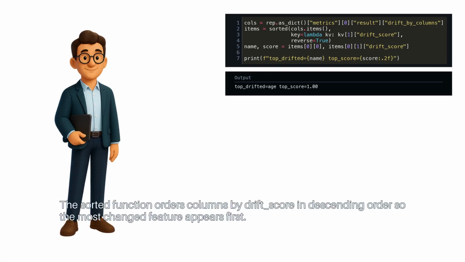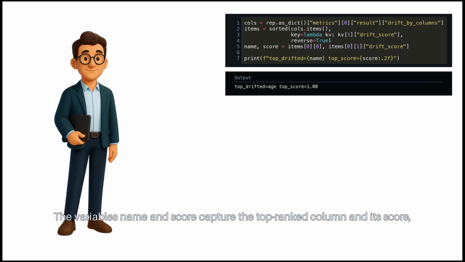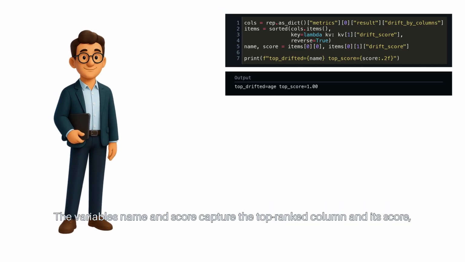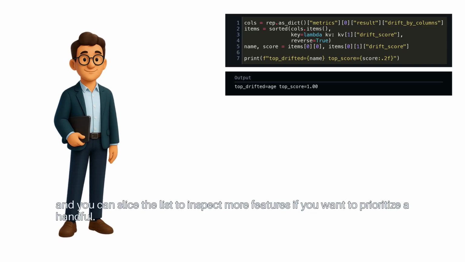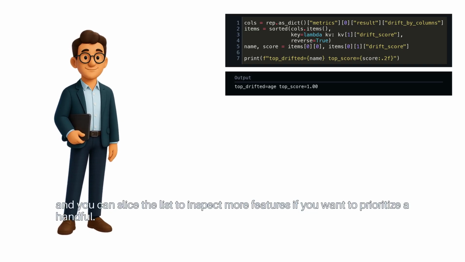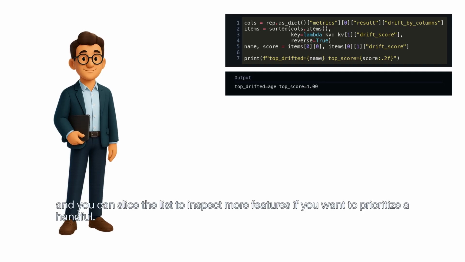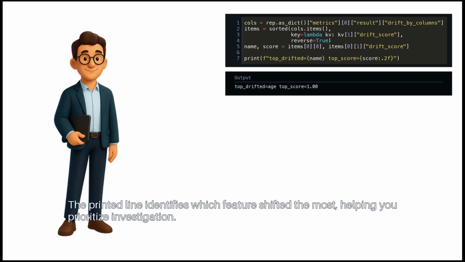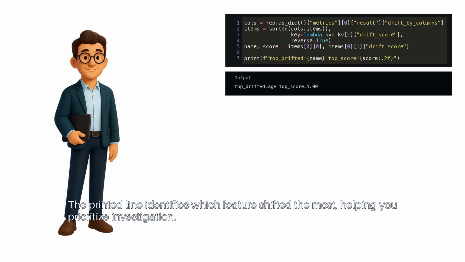The sorted function orders columns by drift score in descending order, so the most changed feature appears first. The variables name and score capture the top-ranked column and its score, and you can slice the list to inspect more features if you want to prioritize a handful. The printed line identifies which feature shifted the most, helping you prioritize investigation.